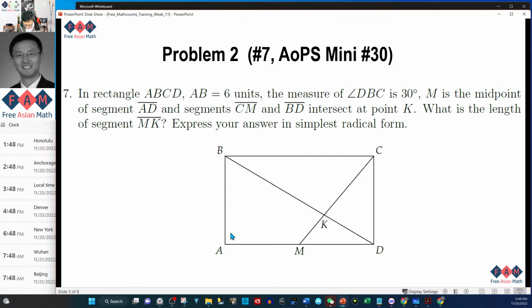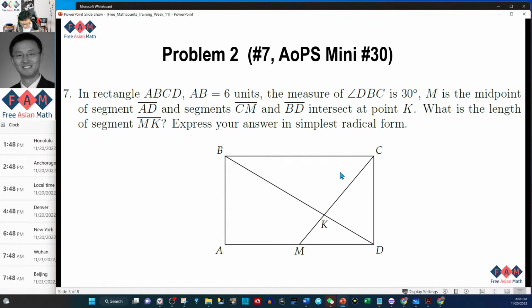AB is 6. Therefore, BC is 6 times square root of 3, because of this 30, 60, 90 triangle. To make it clear, AB is known, so BC is also known due to the fact that this is a 30, 60, 90 triangle. The three sides are in the proportion 1 to square root of 3 to 2. That's the two legs, and the hypotenuse is 2.